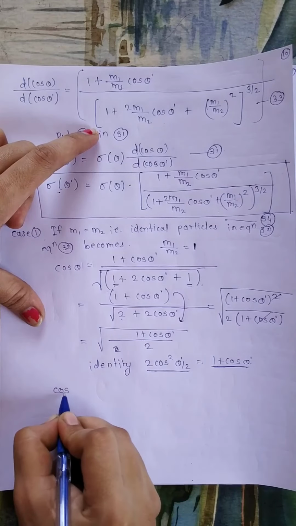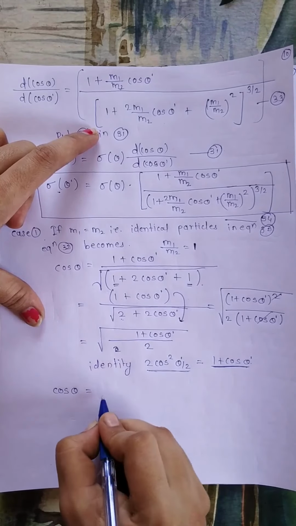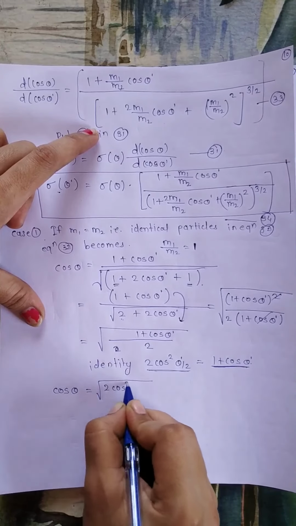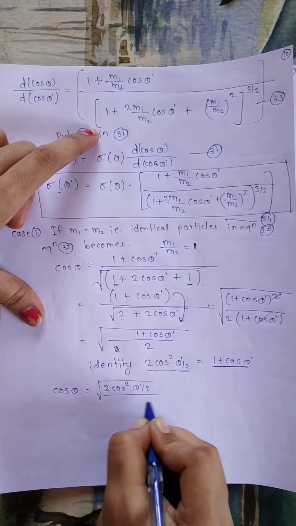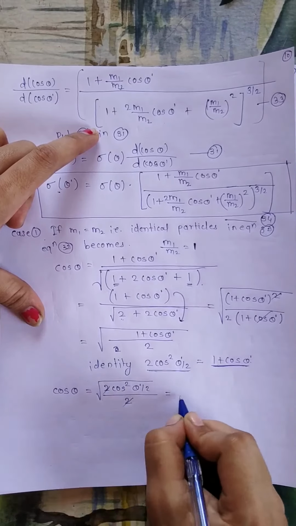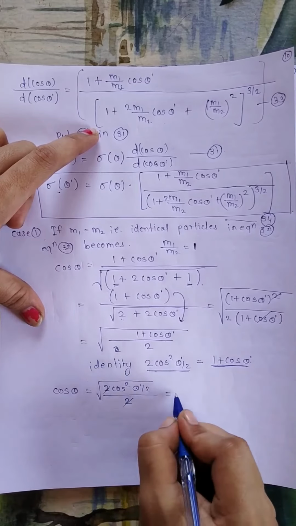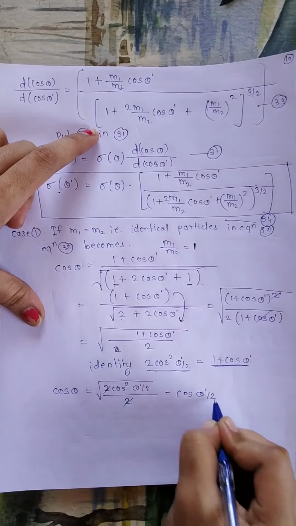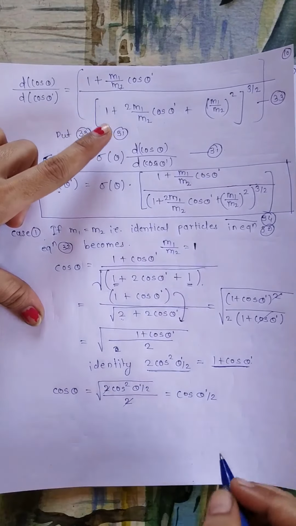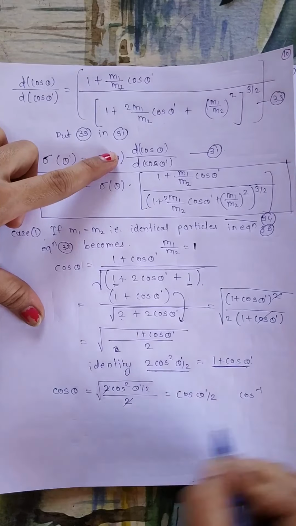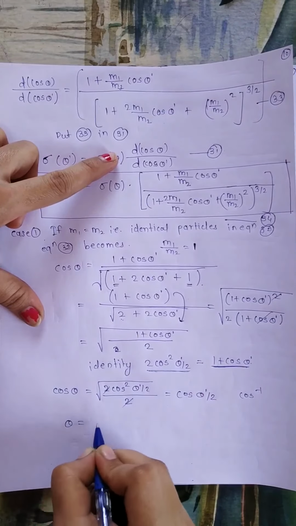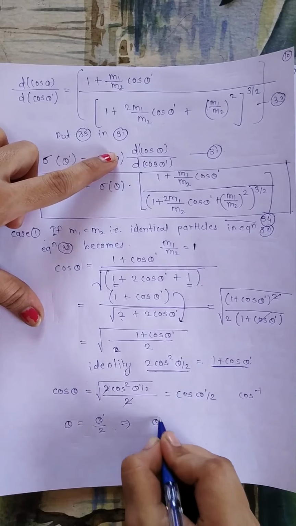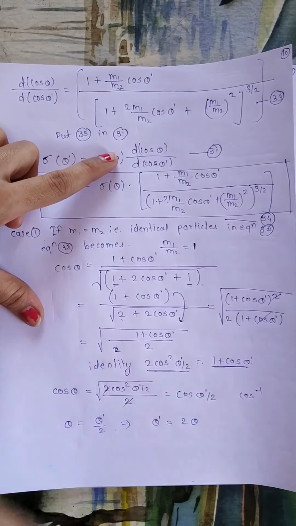So we will get cos theta equals 2 cos square theta dash by 2 upon 2. This 2 will get cancelled and the root of square of cos theta dash by 2 will be cos theta dash by 2 after taking the square root. If we take cos inverse on both sides, we will get theta equals theta dash upon 2. That is, I can write theta dash equals 2 theta.